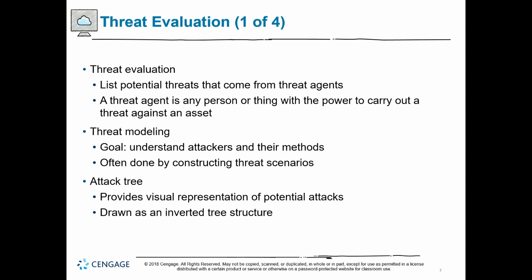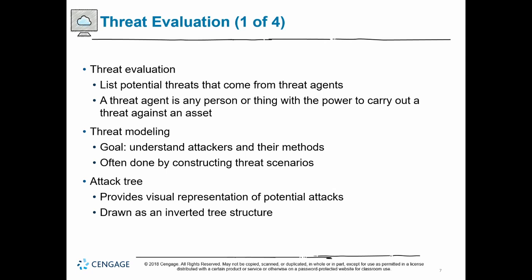Then we go into threat evaluation. Threat evaluation, you essentially list potential threats that come from threat agents. A threat agent is any person or thing with the power to carry out a threat against an asset.